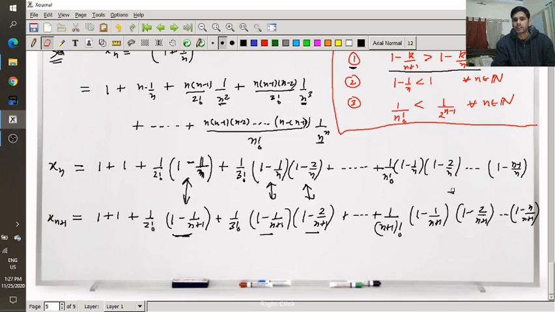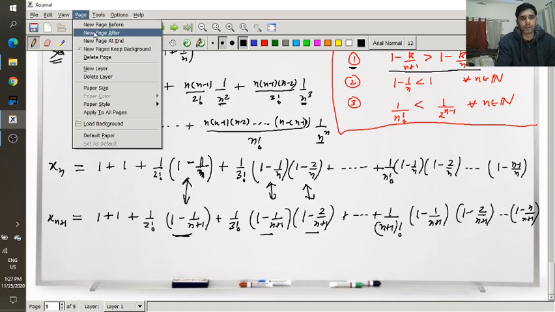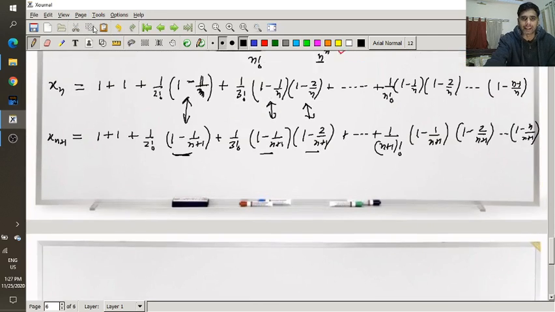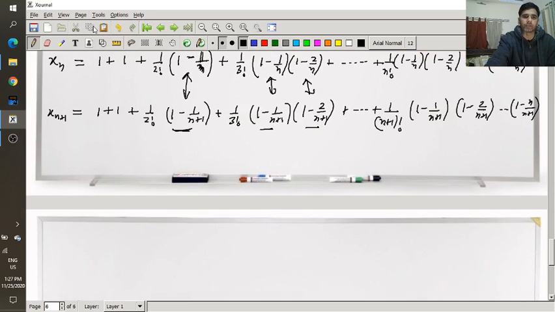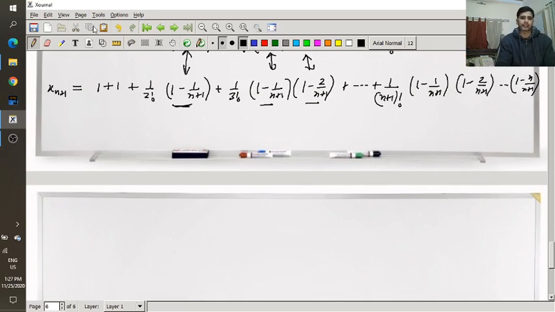So obviously the terms in xn plus 1 are greater than the terms in xn. And these are n plus 1 terms and these are n terms. So xn plus 1 will be greater than xn.